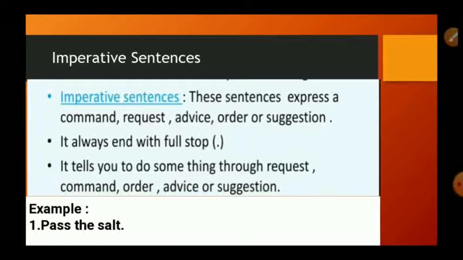If we talk about the features of imperative sentences, they always end with a full stop. It tells you to do something through request, command, order, advice, or suggestion. Let's see one example. Pass the salt. So here it is an order to pass the salt.